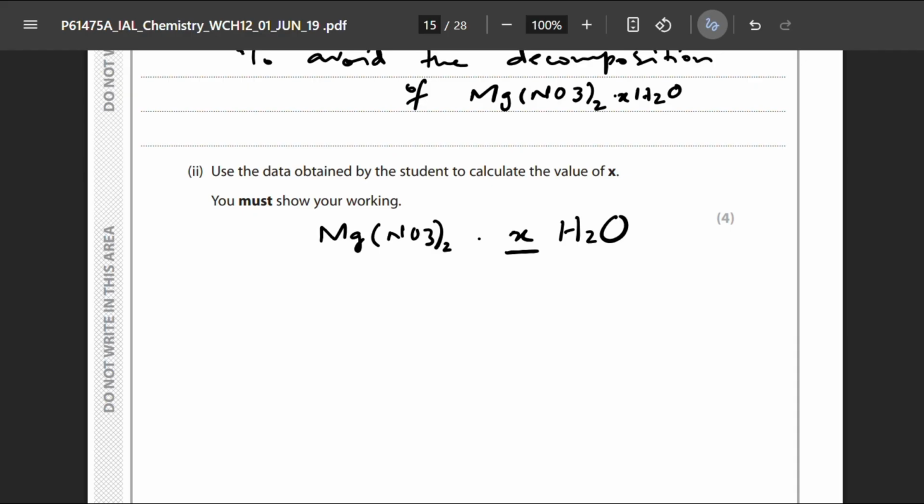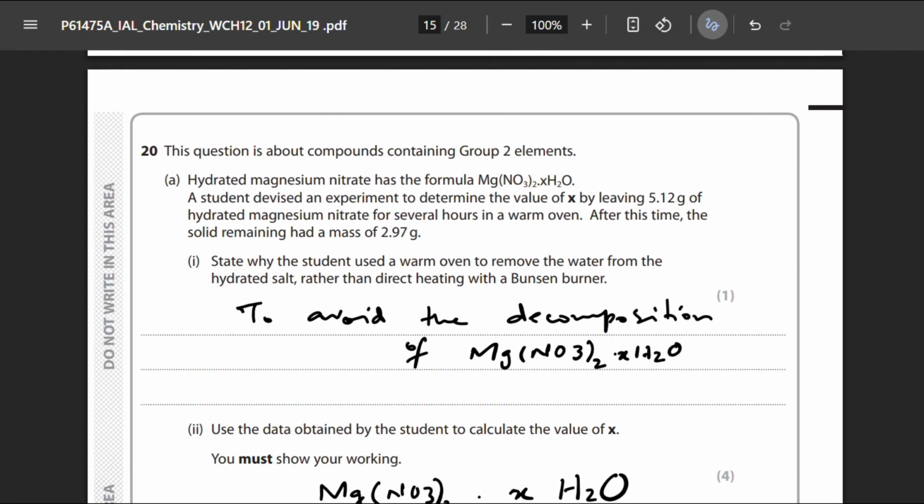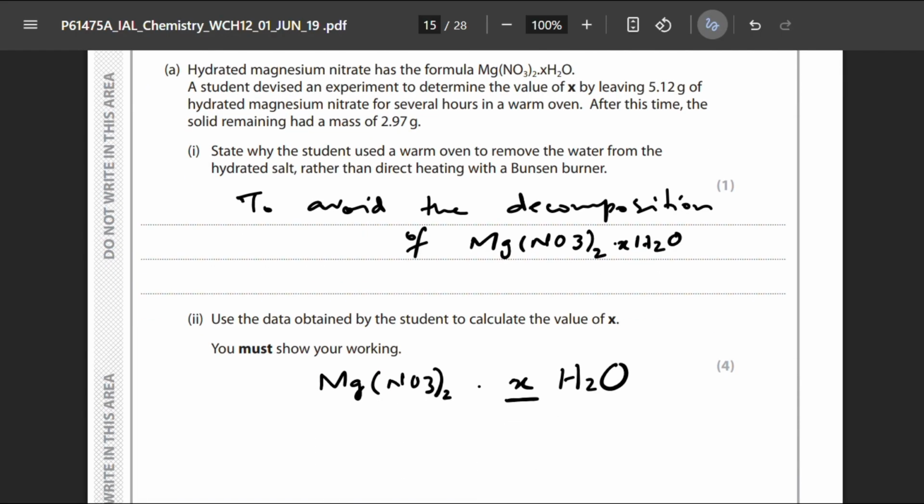You know the mass of anhydrous magnesium nitrate, and it is 2.97 grams. The mass of water can be calculated by subtracting anhydrous magnesium nitrate from the magnesium nitrate crystals. So we can get the mass of water.